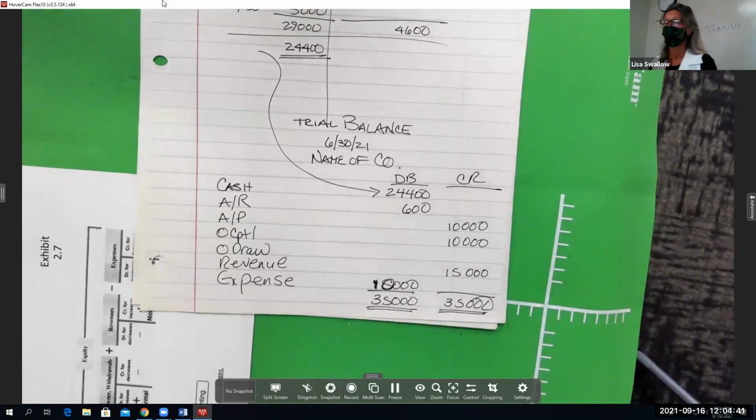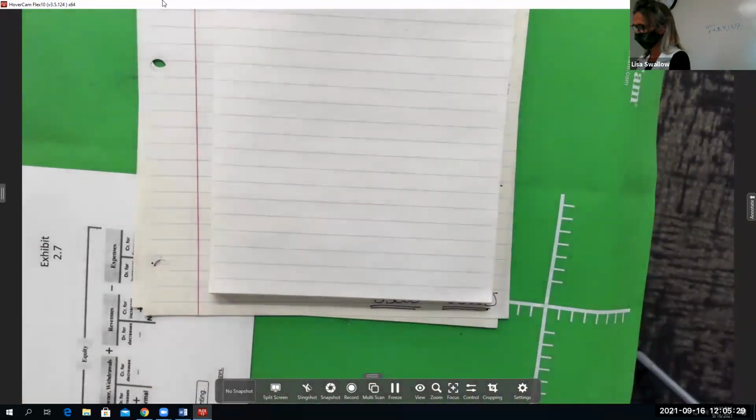Numbers that you gave us? Yes. Or not the details? No. You still need the balances?